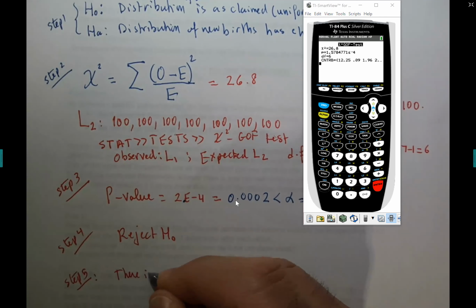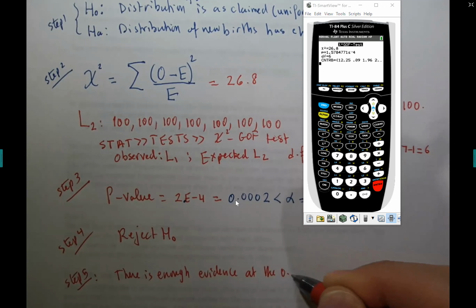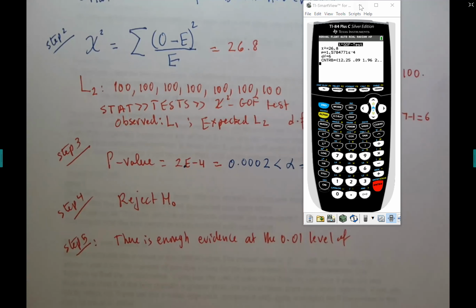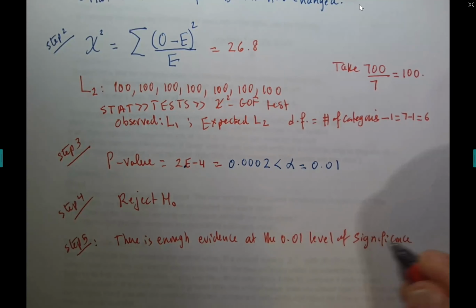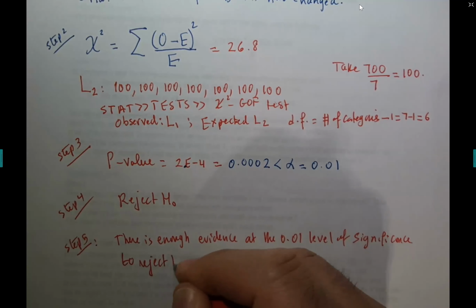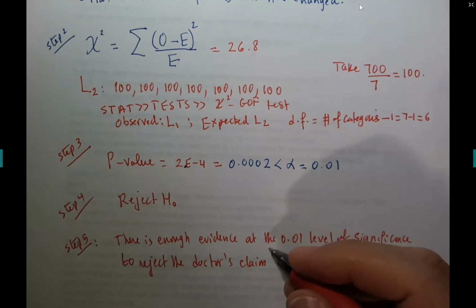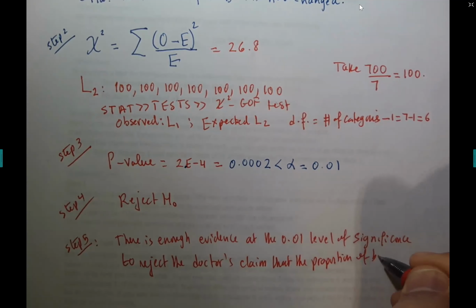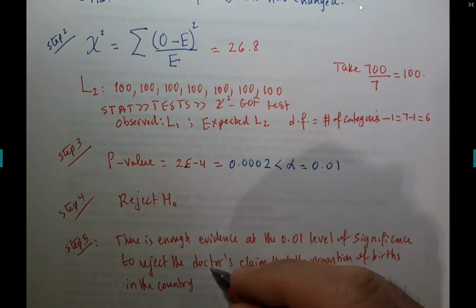There is enough evidence at the 0.01 level of significance to reject the doctor's claim that the proportions of births in the country on each day of the week are equal. So he's wrong.